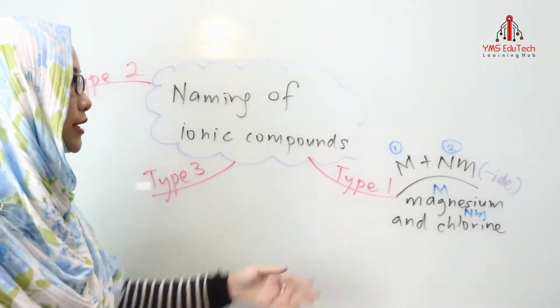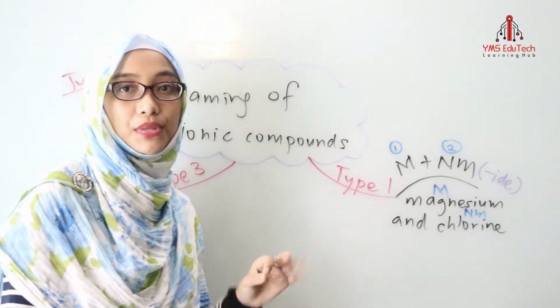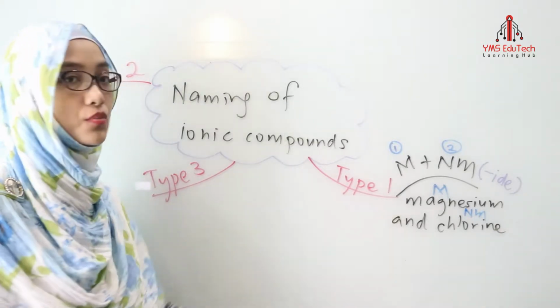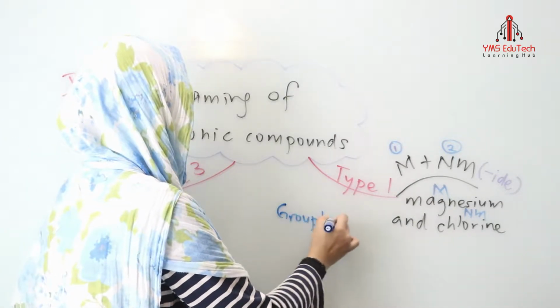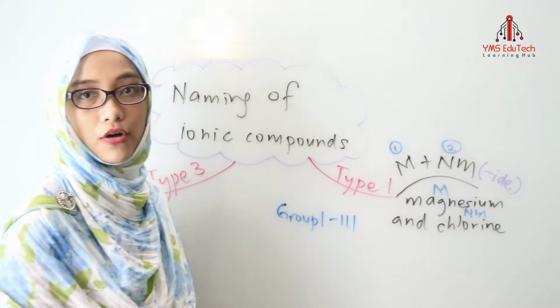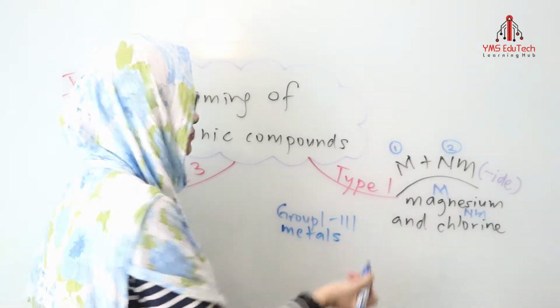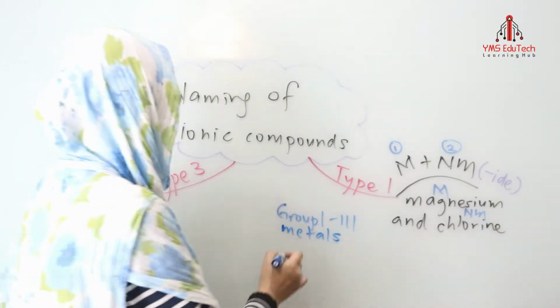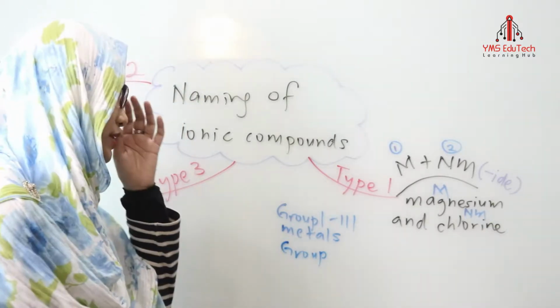Okay, recap, how do I know that magnesium belongs to the metal group? It is because magnesium belongs to group 2. So we have groups 1, 2, 3 of the periodic table being metals. I'm not going to touch on group 4 because group 4 is special.